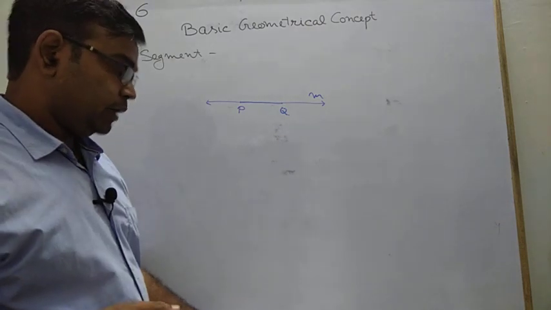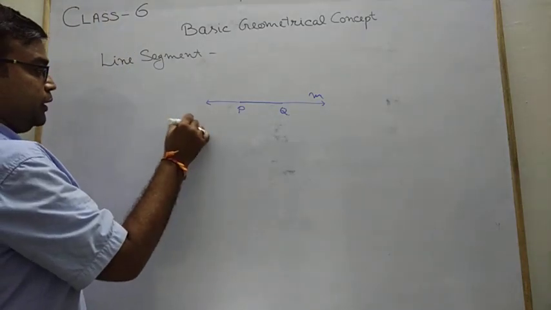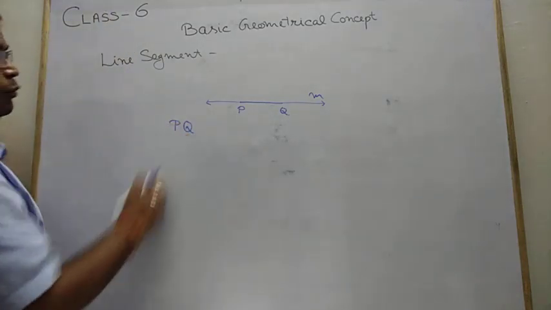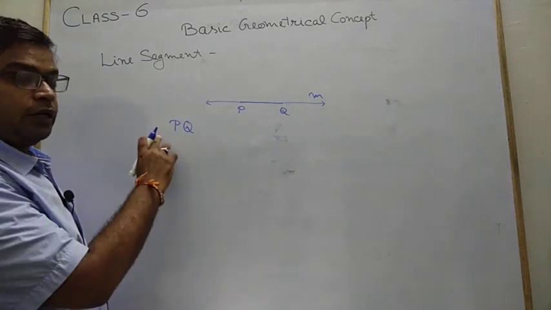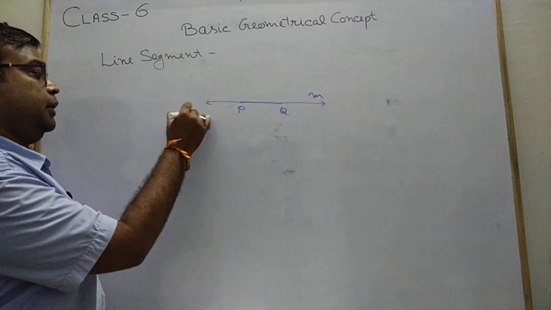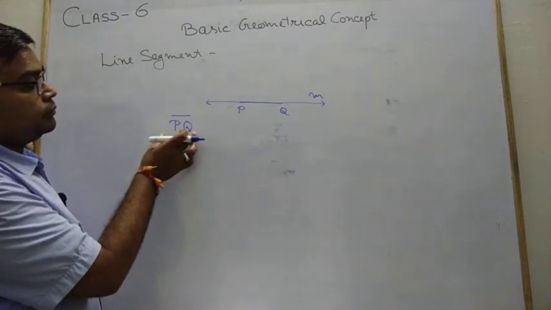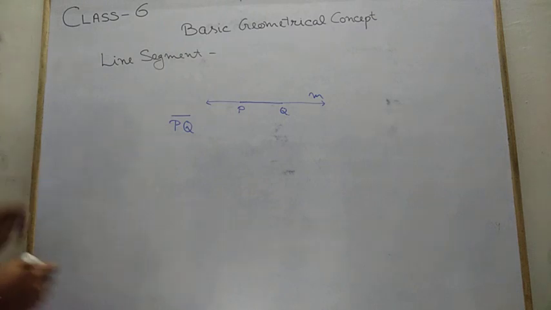Generally we represent a line segment by two fixed endpoints. To represent whether it's a line or a line segment, we use a bar sign. This represents your line segment.